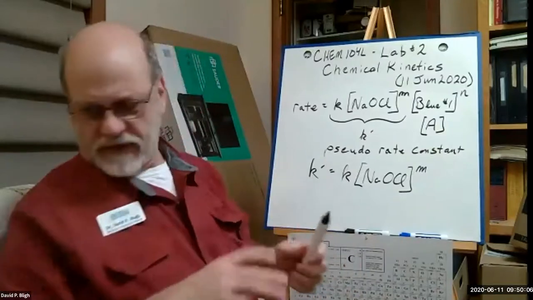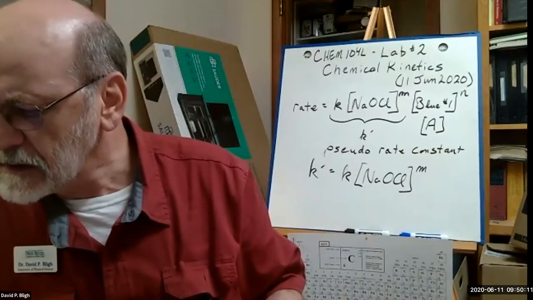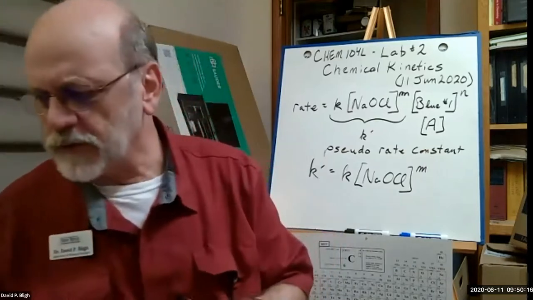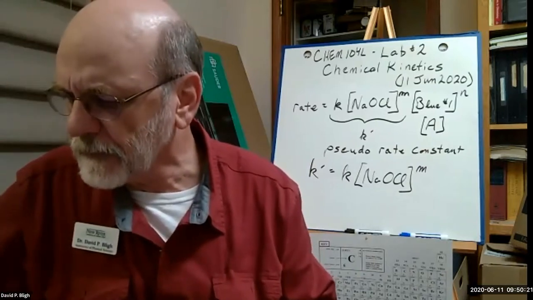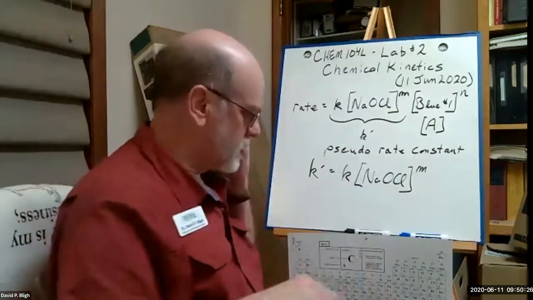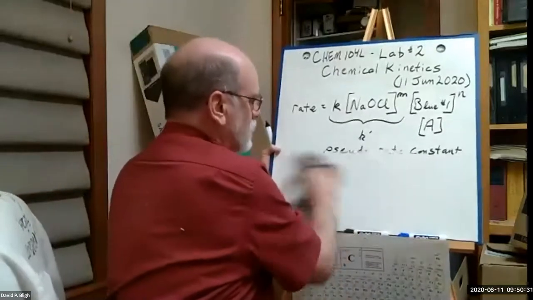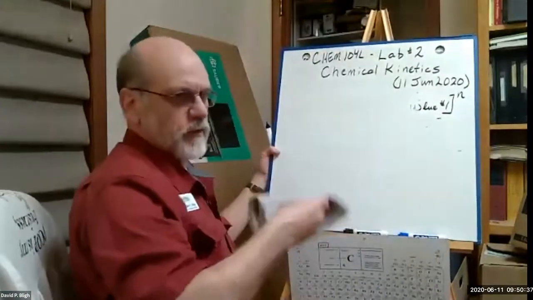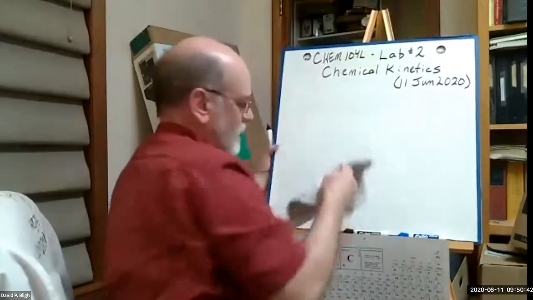Okay, so this might be a good time. Now let's hold those videos for just a few seconds, and let me review for you the way that we determine zero, first order, second order, and try to be specific.